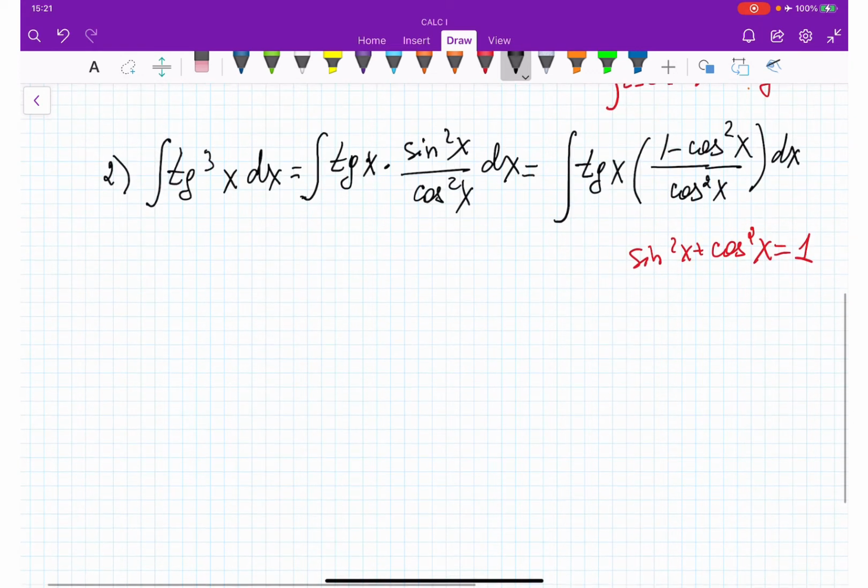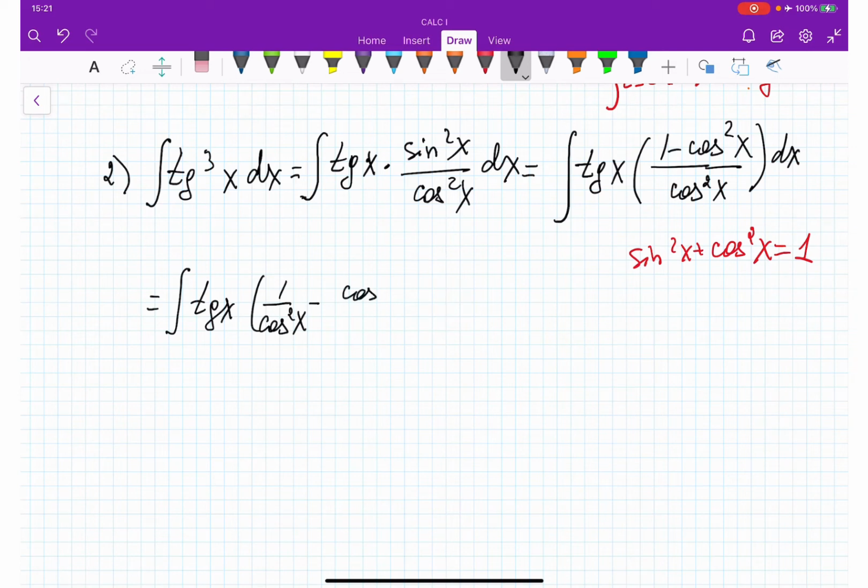The result from here is tangent x times (1 over cosine squared x minus cosine squared x over cosine squared x) dx.